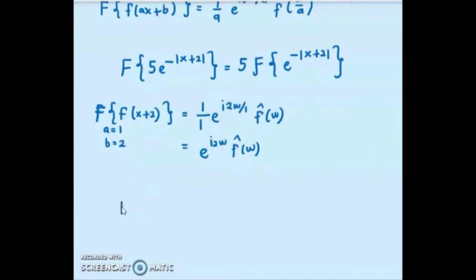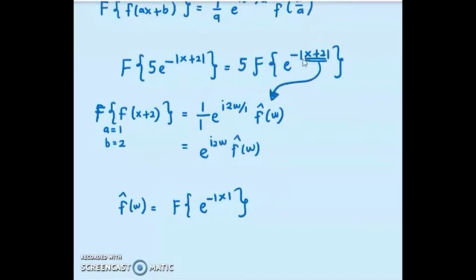My f hat omega now will be this part here, the Fourier transform of e to the minus modulus of x. Okay, so we have evaluated this part here.